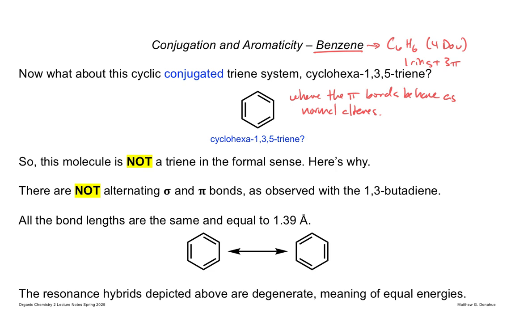Benzene is not, and that's the important part, a conjugated triene. As drawn, the double bonds do not alternate between pi bond, sigma bond, pi bond.